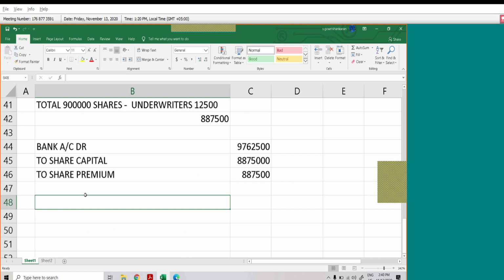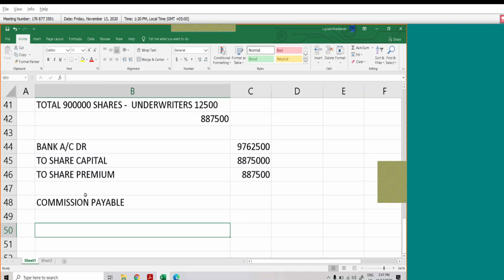Okay, I will pass the next entry. Commission payable entry, only payable, not paid, because this payable entry we know already. While issuing underwriting itself, we know what we are going to pay.